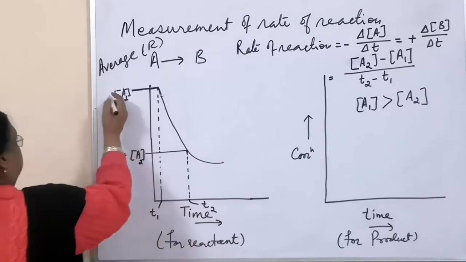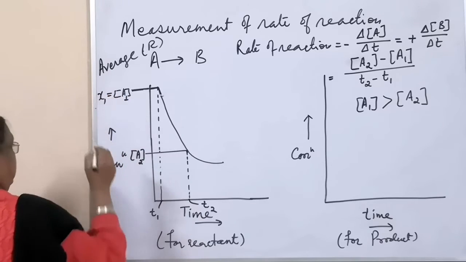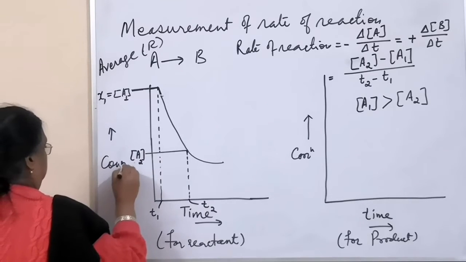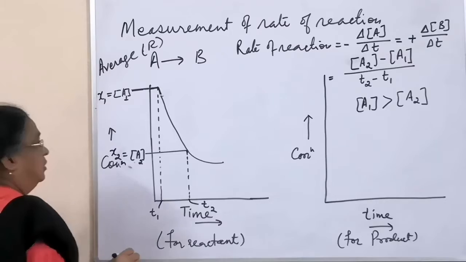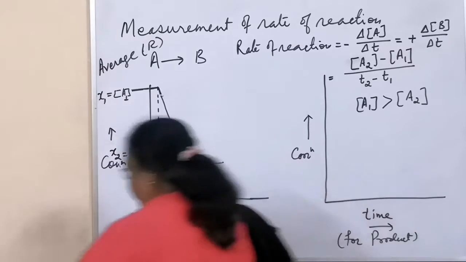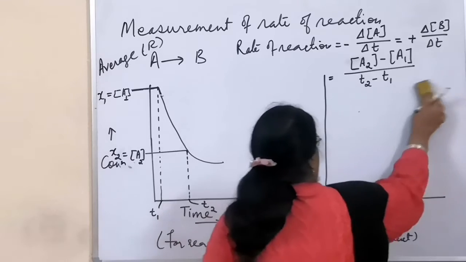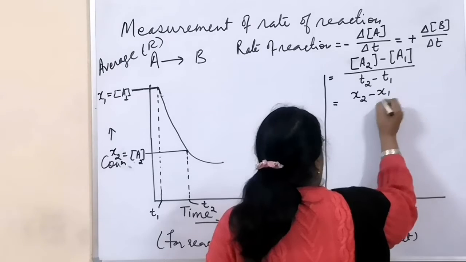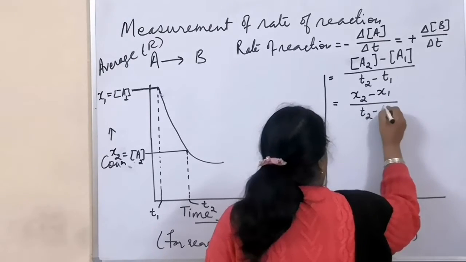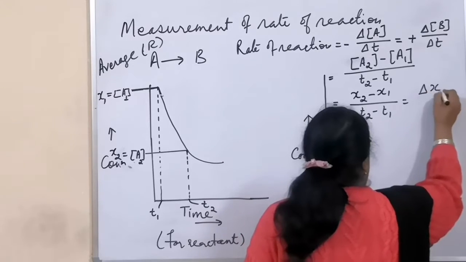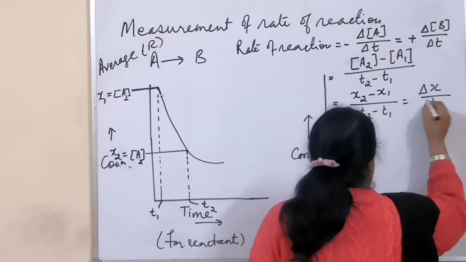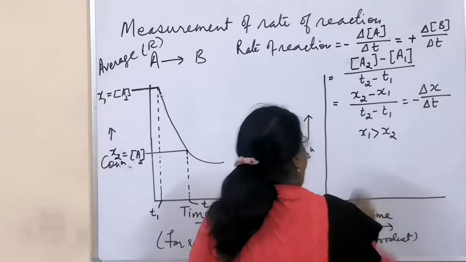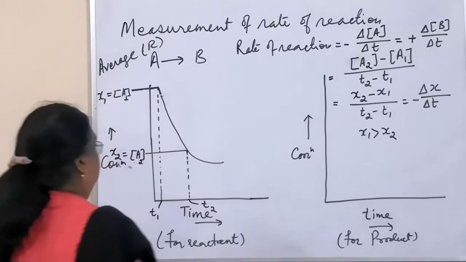If the initial concentration is expressed as X1 and the final concentration is expressed as X2, then we can also write this as X2 minus X1 upon T2 minus T1, or delta X upon delta T. Since X1 is greater than X2, this will be negative for the reactant.